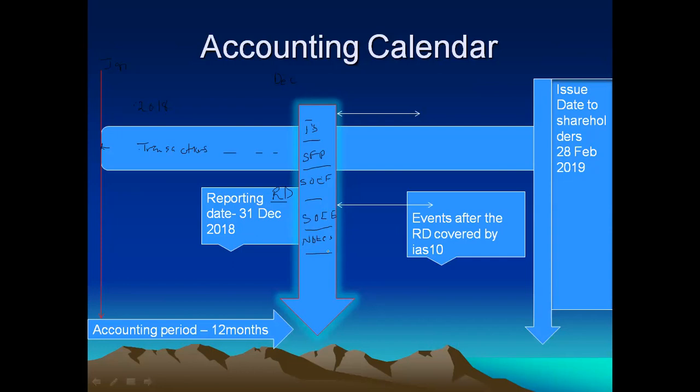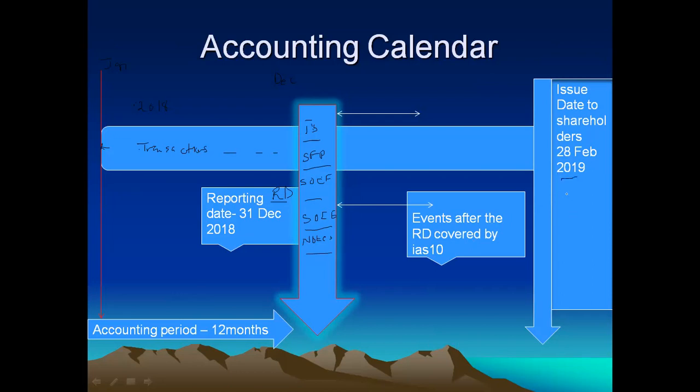At our year end, we have the accountant preparing the books, but there will be some events after the reporting date. These are what we refer to as adjusting and non-adjusting events that will take place after the accounts have been prepared. There's another date that is very critical, the issue date, the date of authorization.